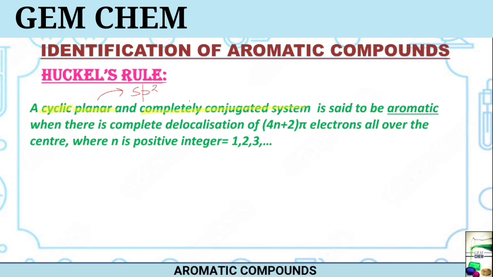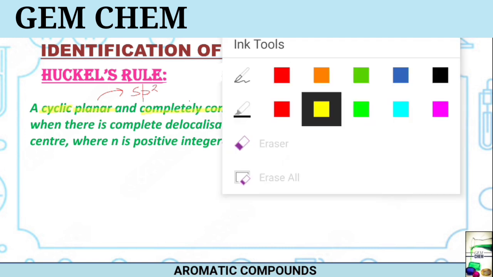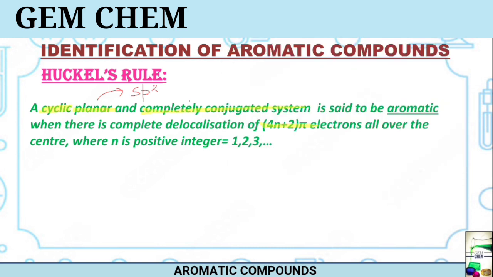When it has 4n plus 2 pi electrons, what does it mean? If you consider n equals 0, then 4n plus 2 gives us 2 electrons. So, a system consisting of 2 pi electrons, to be more specific, is our aromatic compound.